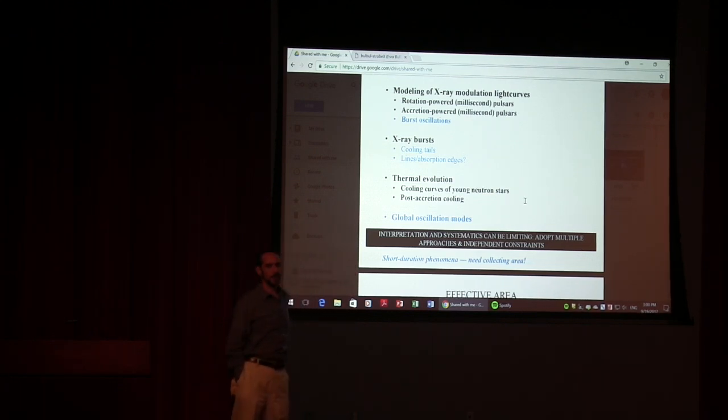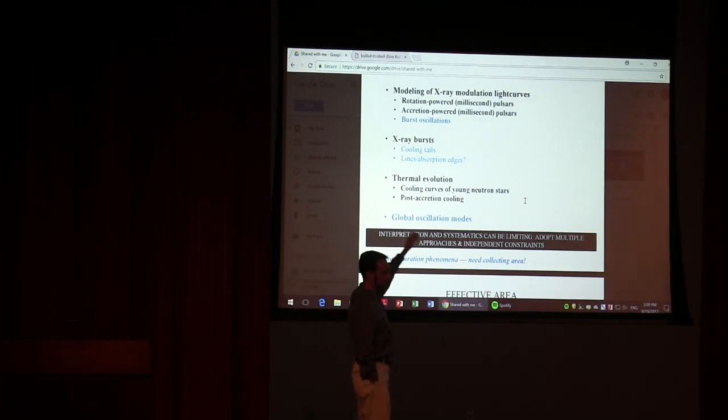The number of photons you collect ultimately drives the signal-to-noise ratio of your light curves, which ultimately drives your ability to model them and to derive mass radius constraints. So if you need more photons and you have a persistent signal, you can always spend more time. But if you don't have a persistent signal, if you're looking at an X-ray burst or a burst oscillation, you really need area. There's no substitute for collecting area.